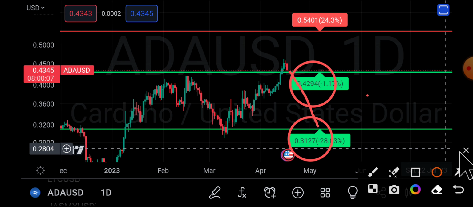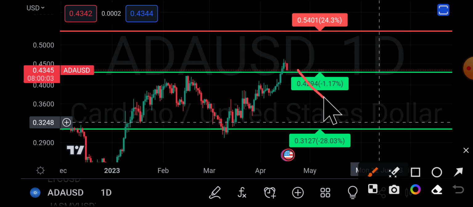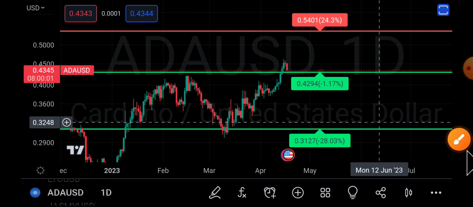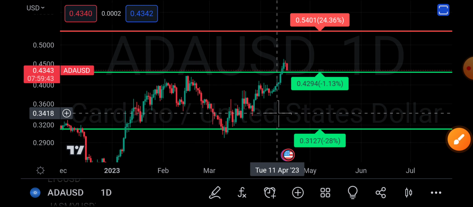But currently, we are not favoring such a scenario, as we are hoping that the support for Cardano at the 0.42 region will be respected, and then we could see another huge push to 0.5401 in the medium to long term.